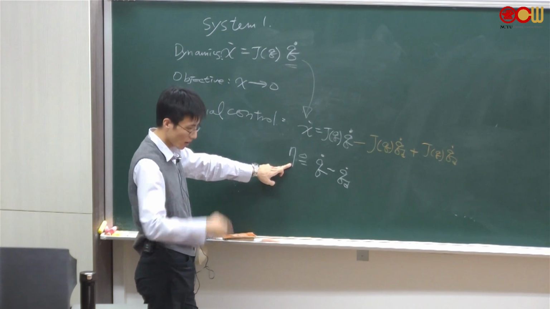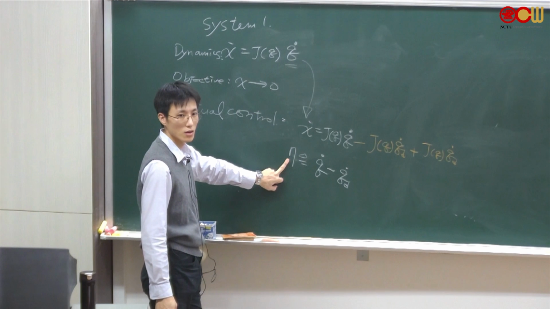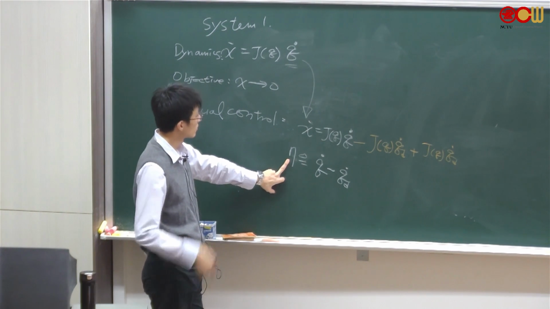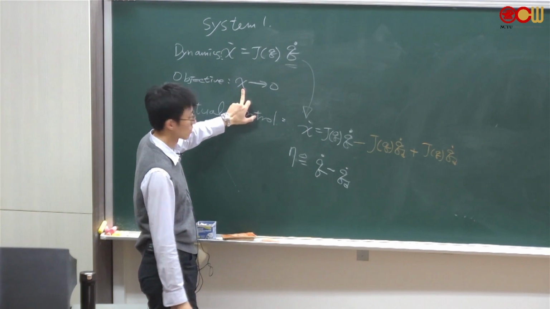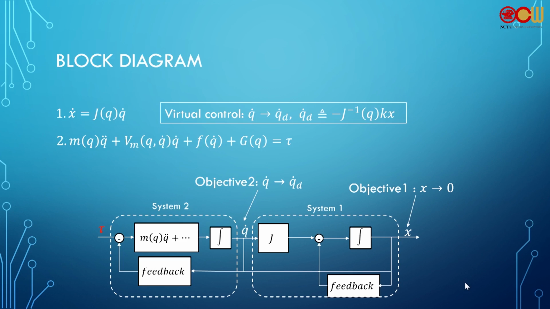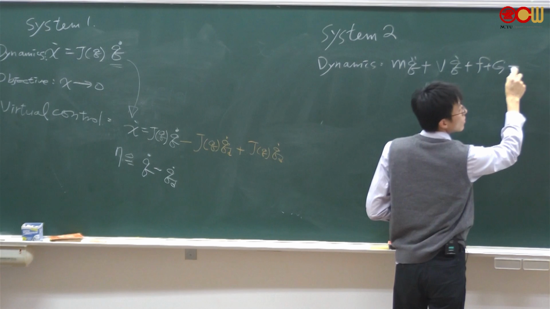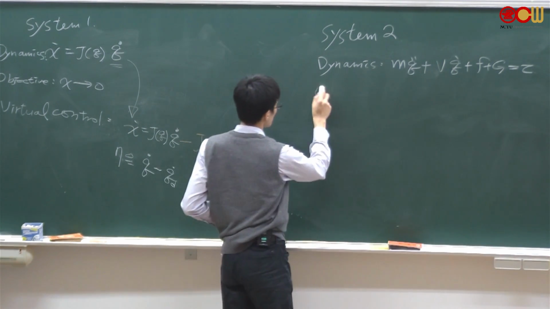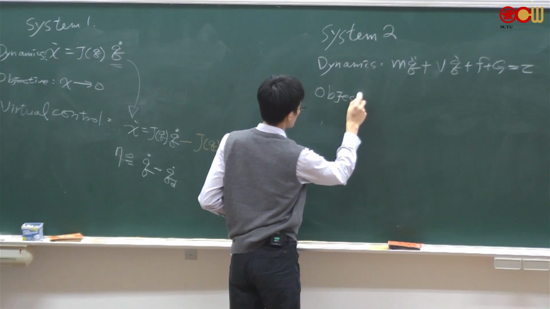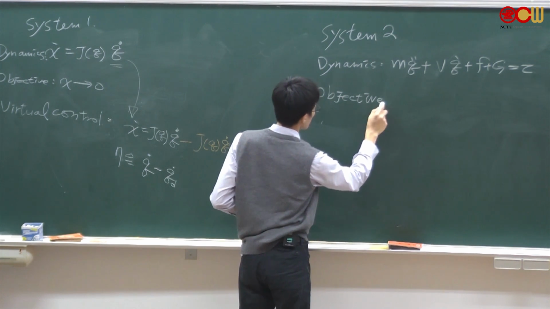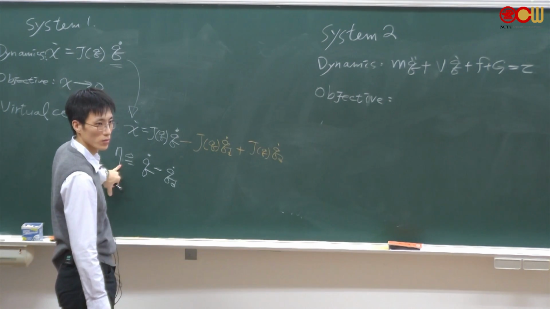So this becomes the state of the next system, okay? Because in the next system, the objective is for eta to be 0, right? And in the first system, it is for X to go to 0. So originally we had two systems. One is this. The second one is this, the robot manipulator M Q double dot plus the nonlinear terms F. But the objective is for this signal to be 0.